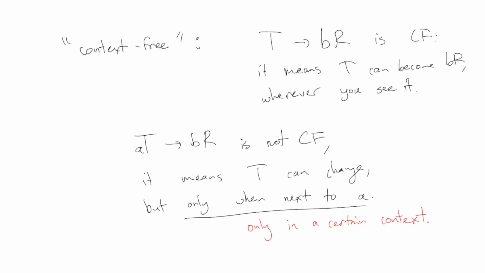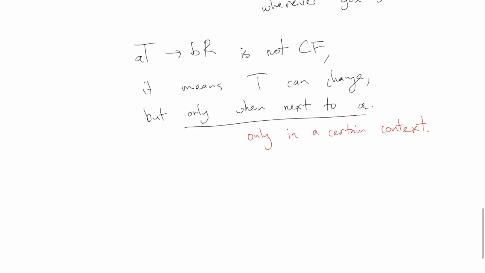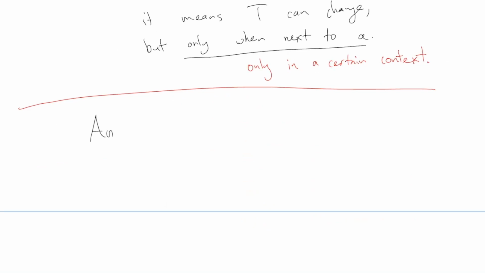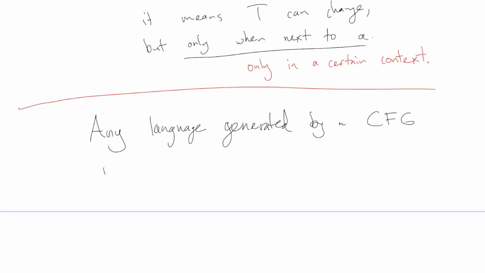This gives us a new category of languages. Any language generated by a context-free grammar is called a context-free language.